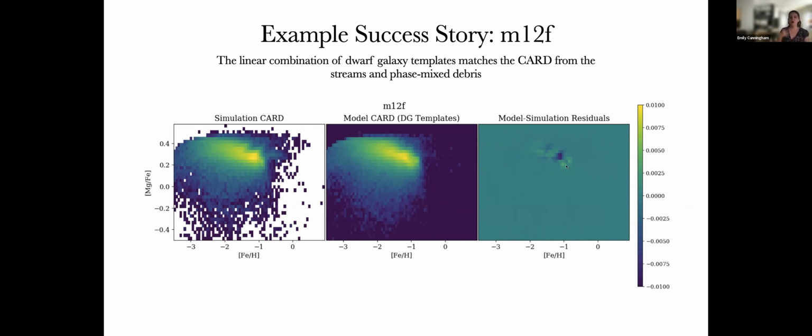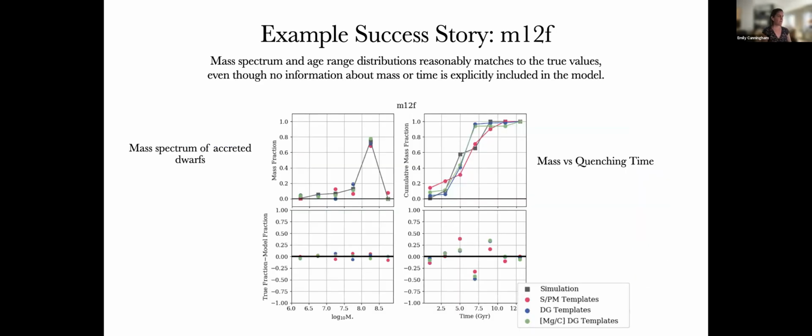The residuals are low. Our empirical templates have done a good job of describing the distribution. But what does this mean for the assembly history? So here I'm showing you the assembly history of this galaxy, which I've broken down into the mass spectrum of accreted dwarfs on the left. So the y-axis here is the fraction of mass that was accreted by this halo as a function of its dwarf galaxy progenitor mass.